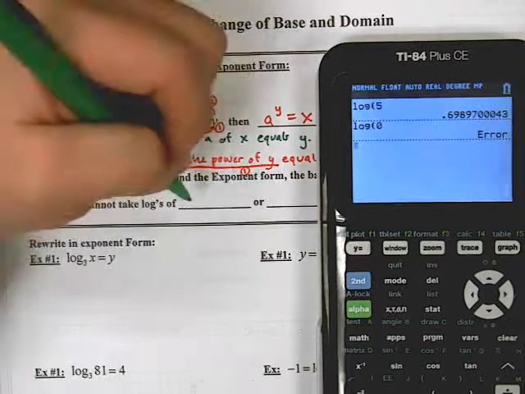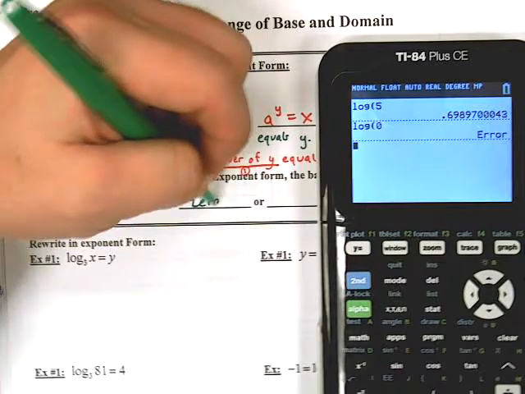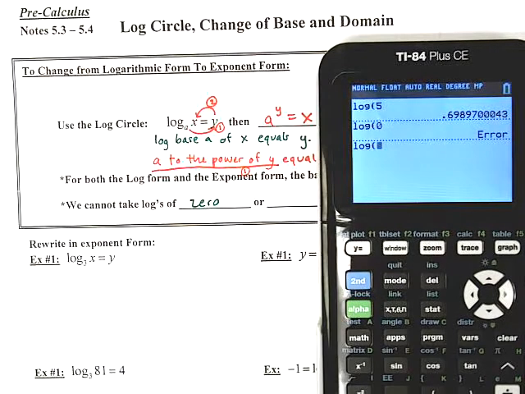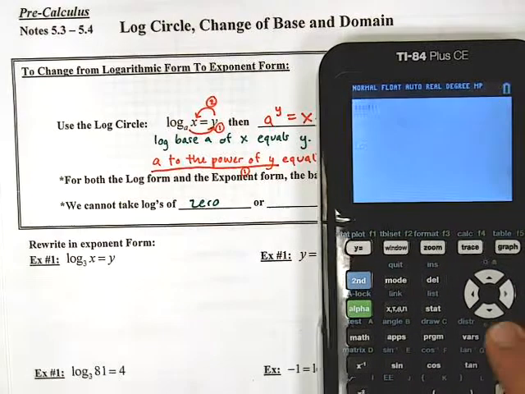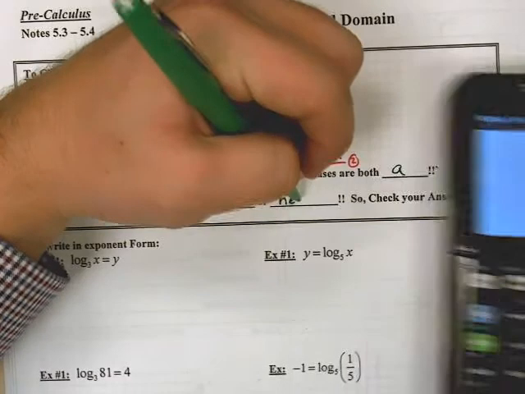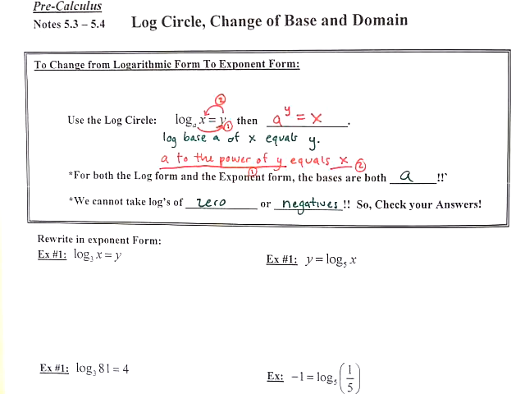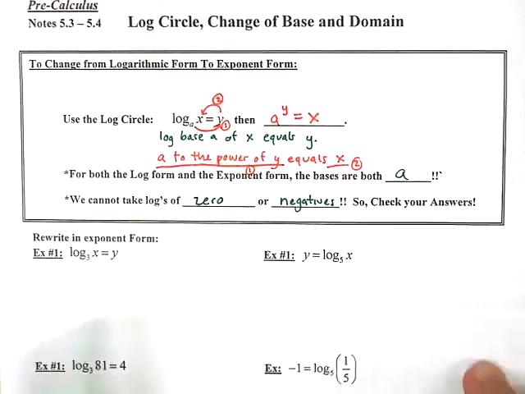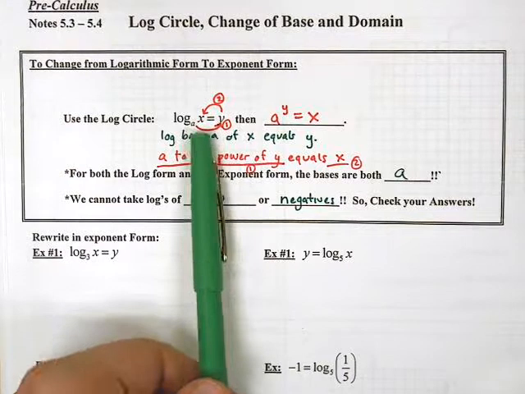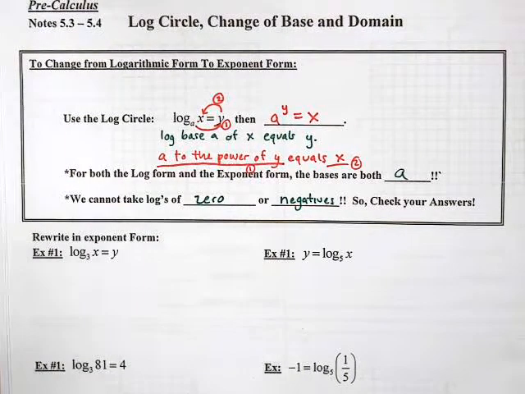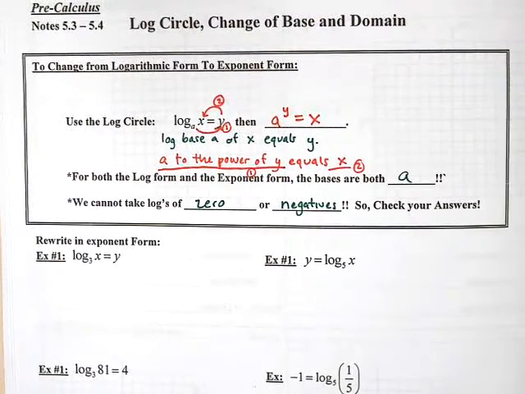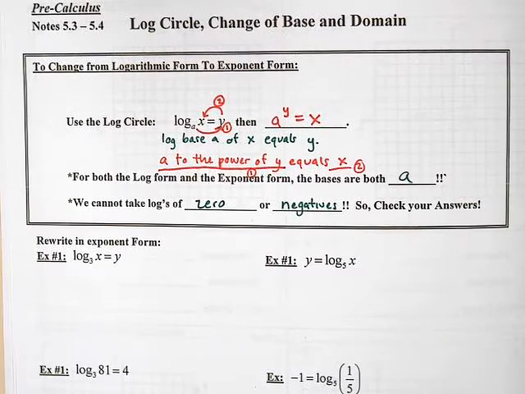So we cannot take logs of 0. Can we take the log of a negative? Nope, can't do that either. So we now know that the argument of a log has to be positive.